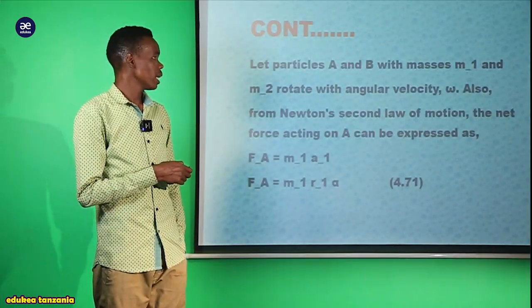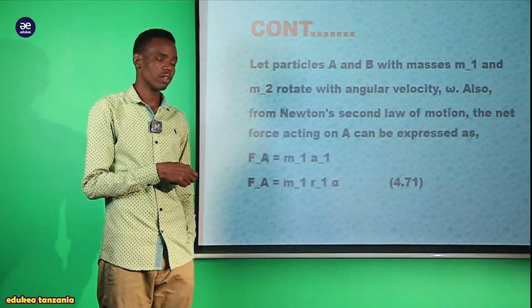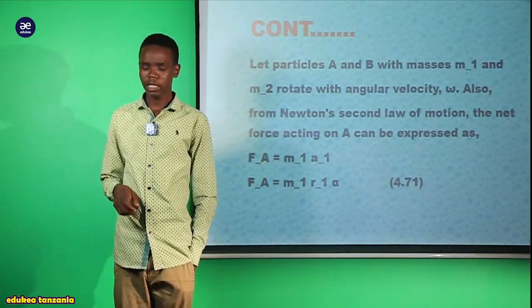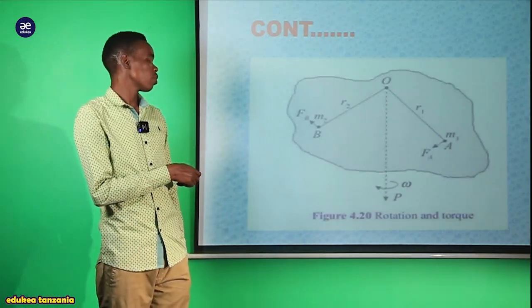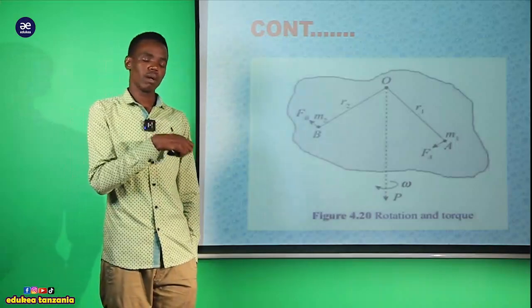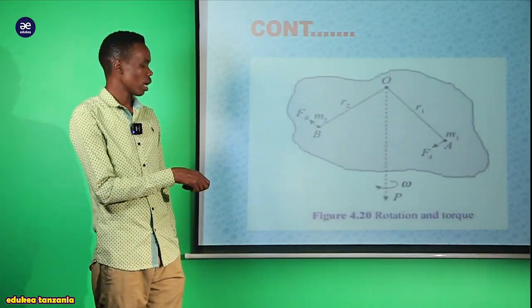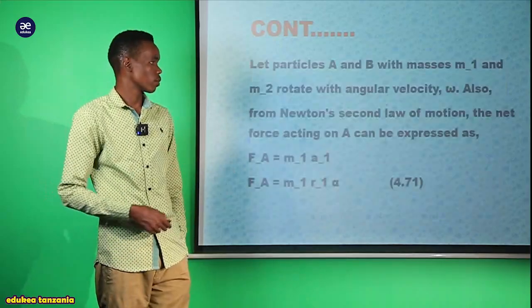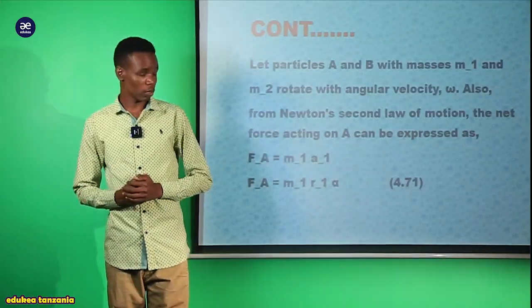So let particles A and B with masses M1 and M2 rotate with an angular velocity W. Imagine this figure: the particle containing M1 and the particle containing M2 are rotating with an angular velocity represented by W.